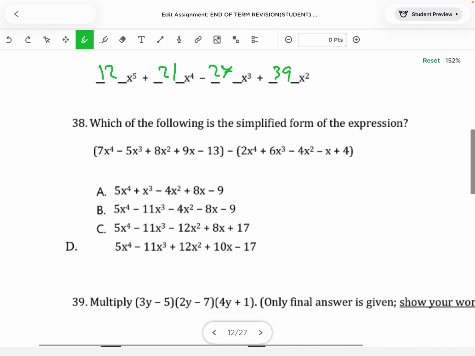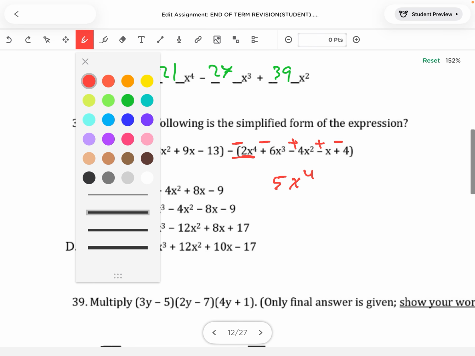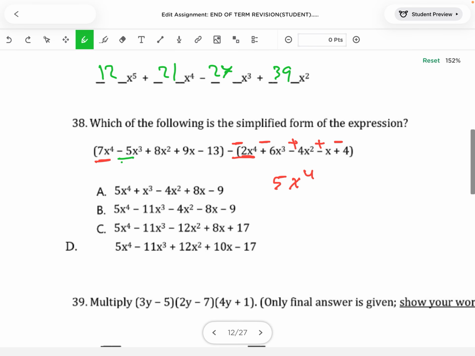So this one will be minus 6x plus 4x plus x minus 4, and we combine like terms. 7x minus 2x is 5x to the power 4, minus 5 minus 6 is minus 11x to the power 3. 8x plus 4x is positive 12x squared. 9x plus x is 10x.